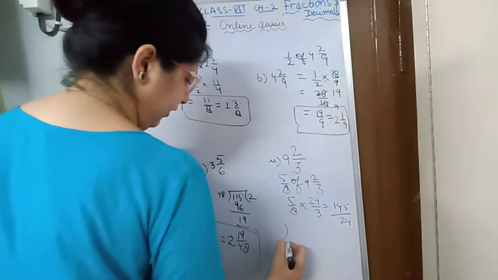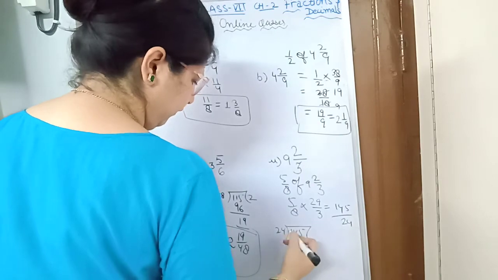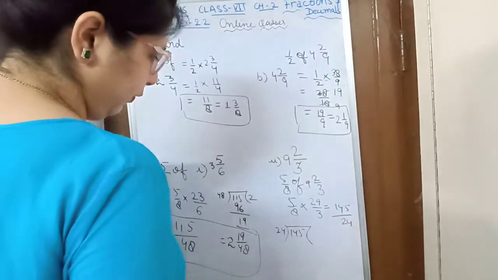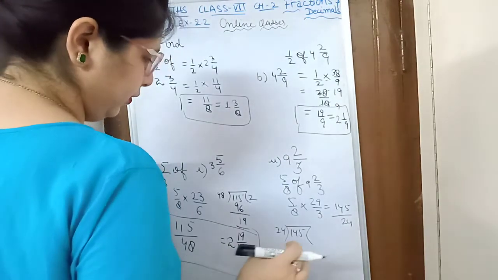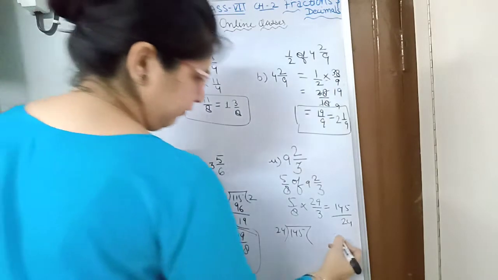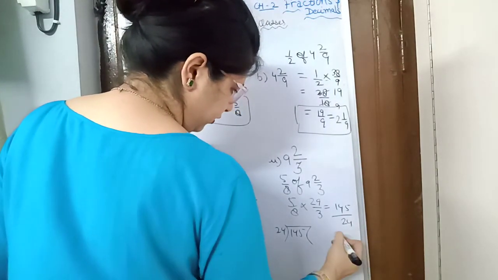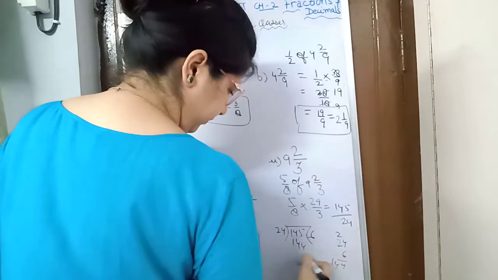Now again divide 145 by 24: 24 1s are 24, 24 2s are 48, and 24 3s are 72, and then again multiply. 24 6s are 144.